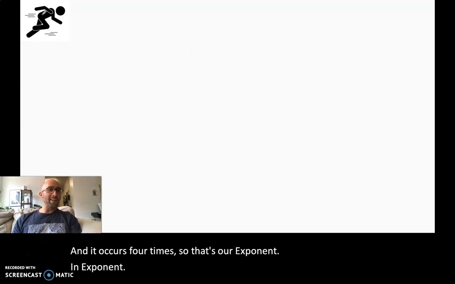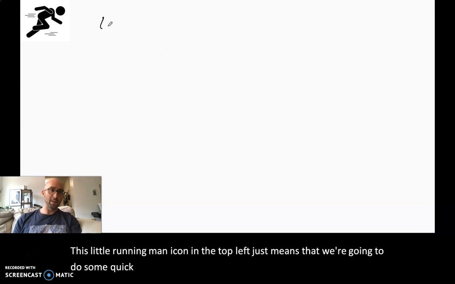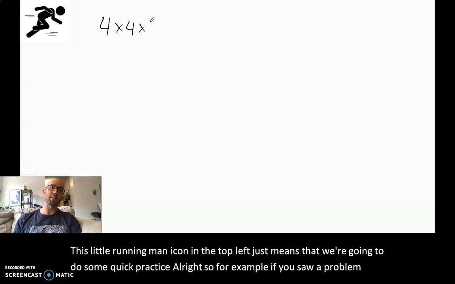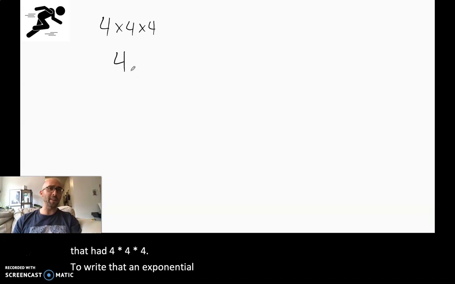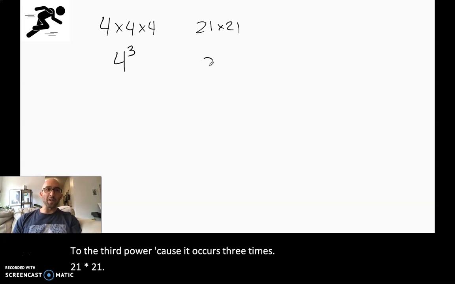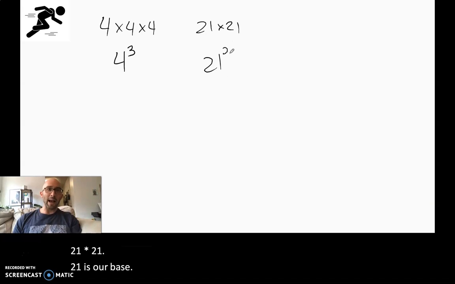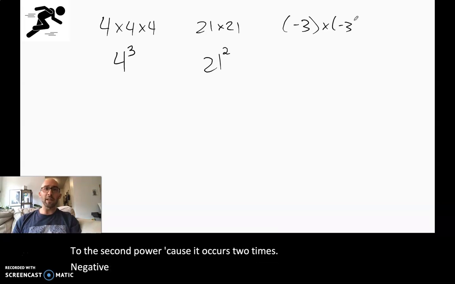This little running man icon in the top left just means that we're going to do some quick practice. All right, so for example, if you saw a problem that had 4 times 4 times 4, to write that in exponential notation, 4 is our base to the 3rd power because it occurs 3 times. 21 times 21, 21 is our base to the 2nd power because it occurs 2 times. -3 times -3 times -3 times -3.